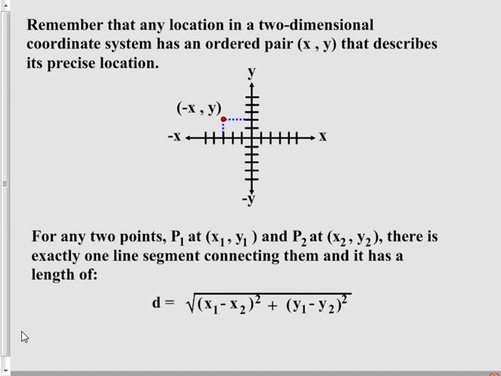But at any rate, the formula says distance equals the square root of the difference of the two x values squared plus the difference of the two y values squared. So x1 minus x2, quantity squared, plus y1 minus y2, quantity squared. If you need more time to copy down the equation, press pause and then hit play when you're ready.